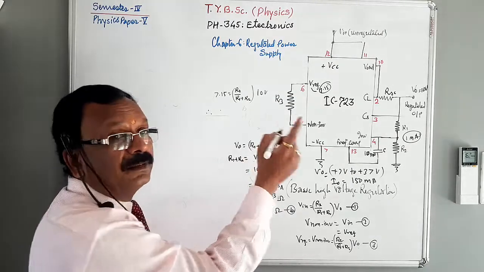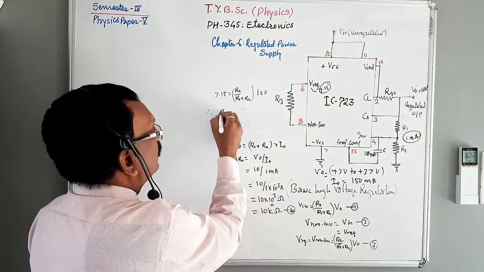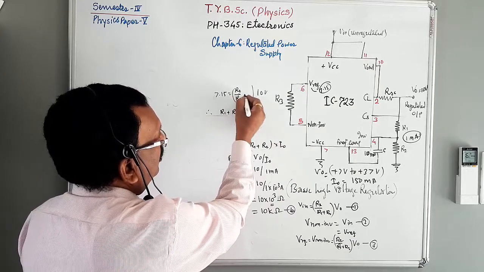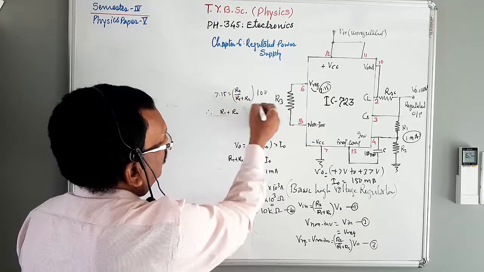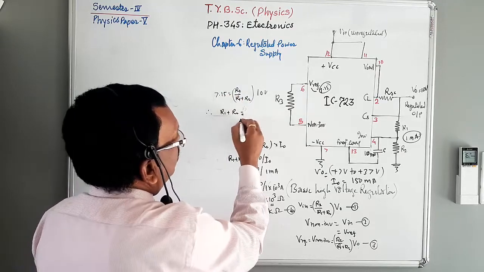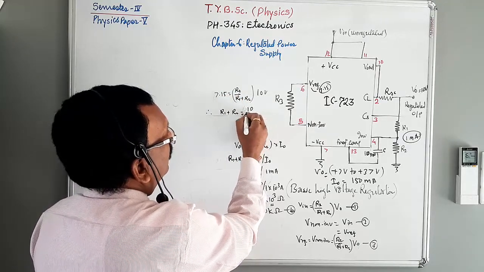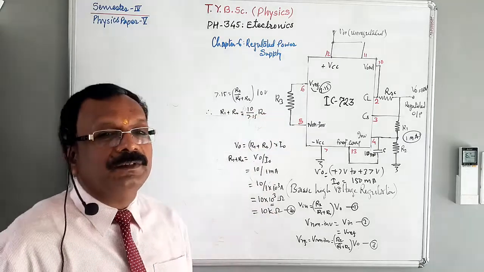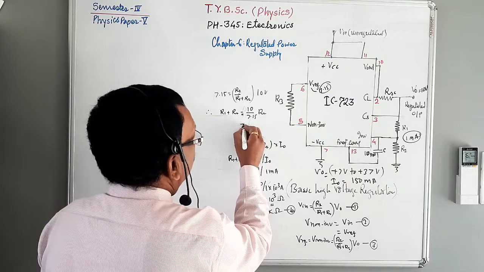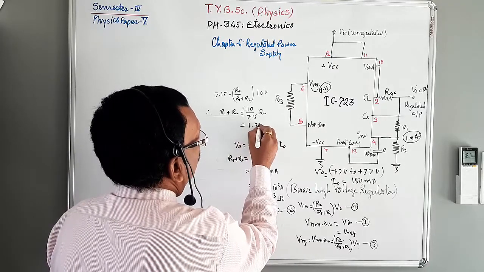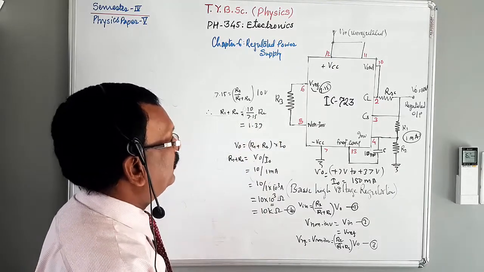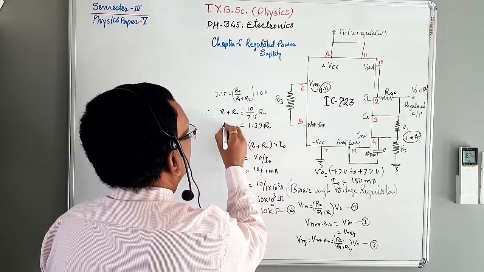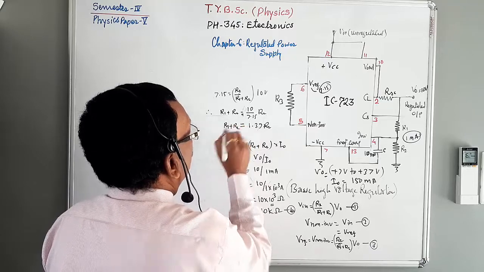Take this term towards this side and this term towards that side. We have simply 10 volt upon 7.15 volt into R2. Solve this, and 10 by 7.15 is nothing but 1.37 R2. This is R1 plus R2.